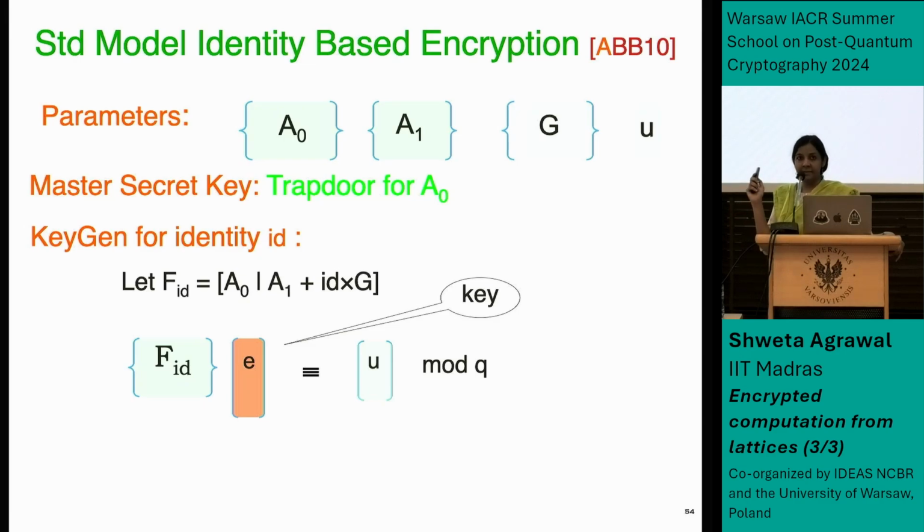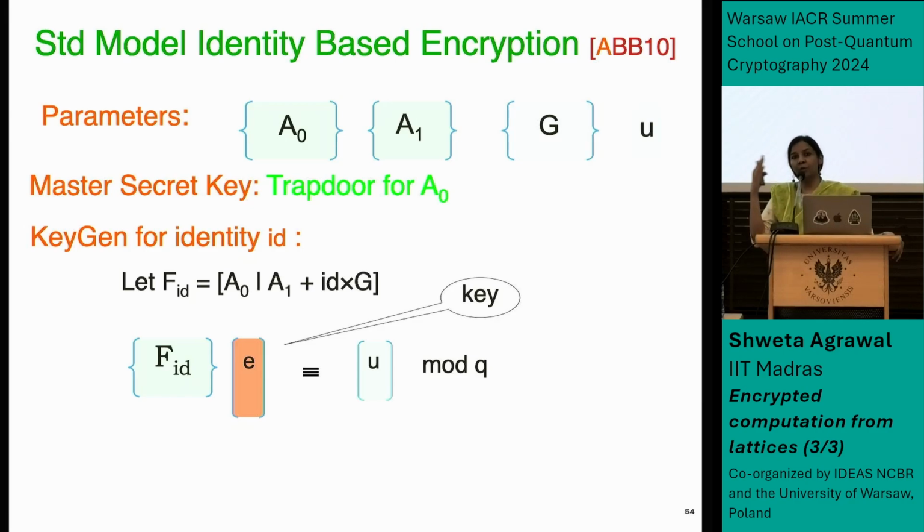In this slide, and in fact in the rest of the talk, when I write ID, this is actually an encoding of ID. There's a function that will map the bit string to a matrix here. For now, don't worry too much about the exact shape of the ID, but indeed that is something that needs to be handled. For the purpose of this talk, you can even just think of the ID as a scalar.